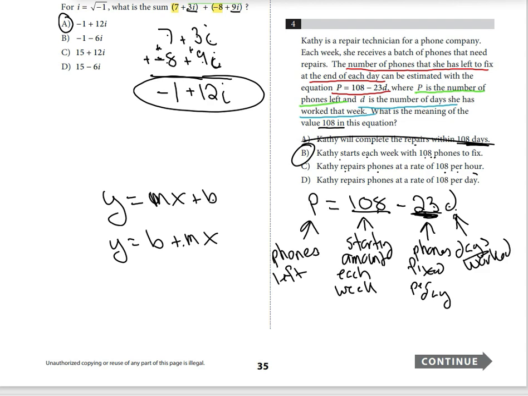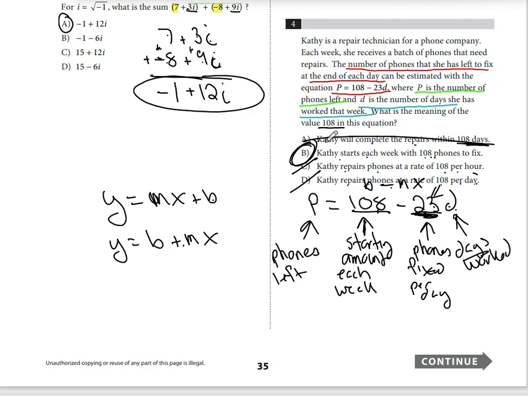Well, we know our rate is per day, so it's not C. And Kathy repairs phones at a rate of 108 per day. Well, we know our rate is 23 phones fixed per day, so it's not going to be D. So our answer should be B here, right? Remember this, that is our B value in our slope-intercept form. So this is like b minus mx. So that's our starting value.